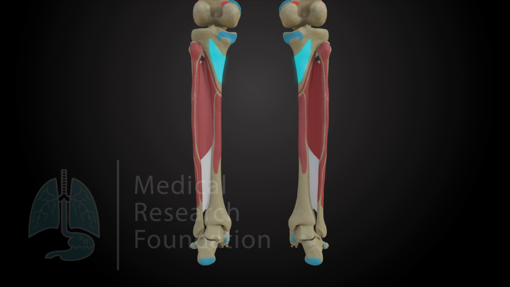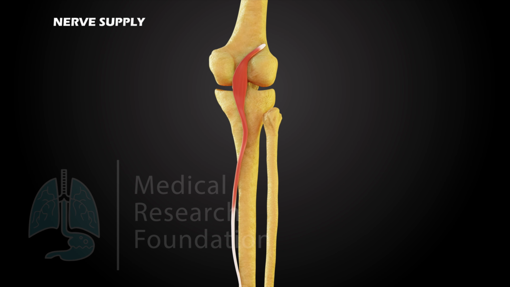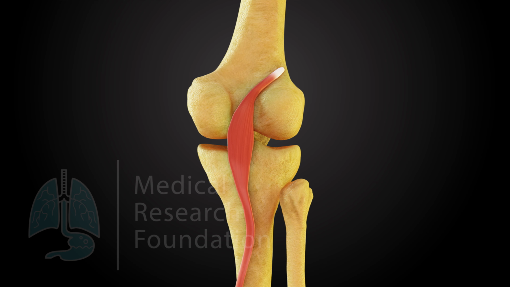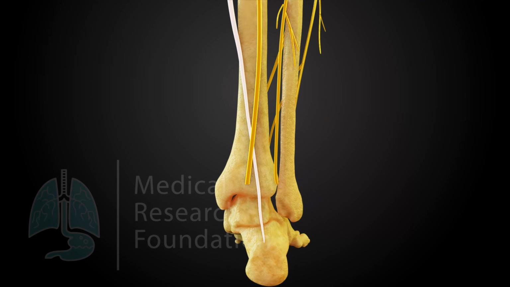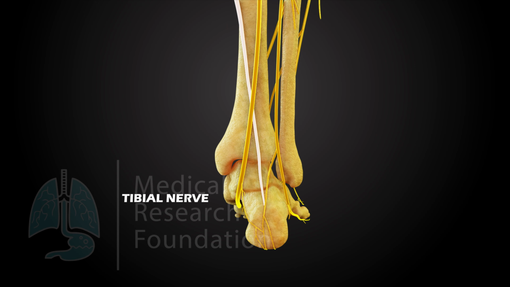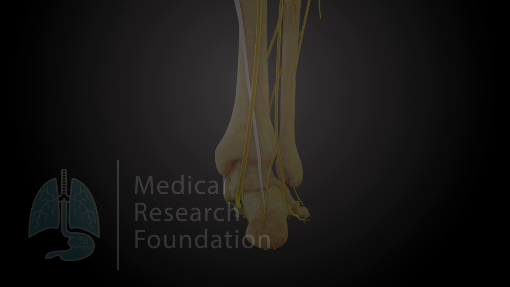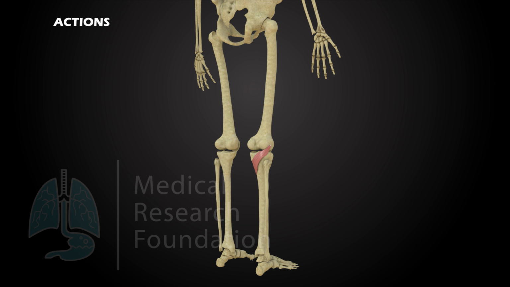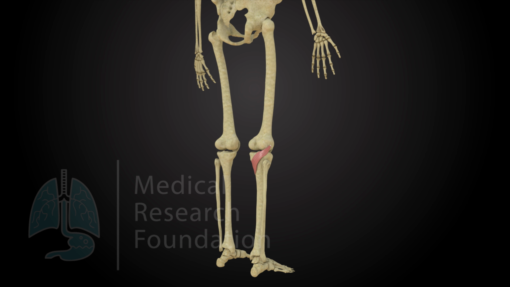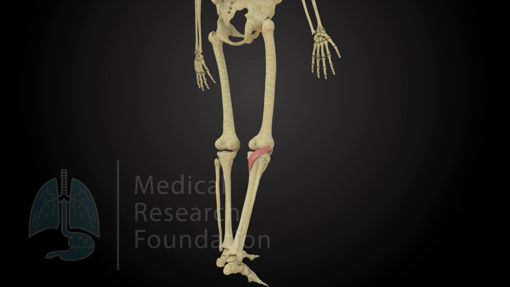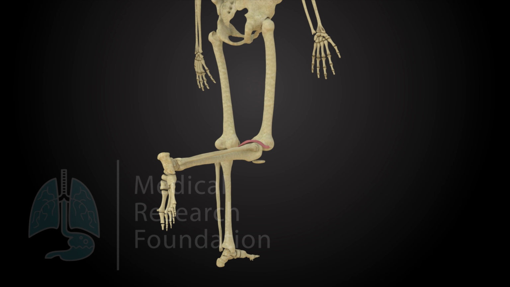The medial 2/3 of the triangular area above the soleal line on the posterior surface of the tibia. Nerve supply. The popliteus is supplied by a branch of tibial nerve. Actions. It unlocks the locked knee by rotating the femur laterally during initial stages of flexion of the knee.